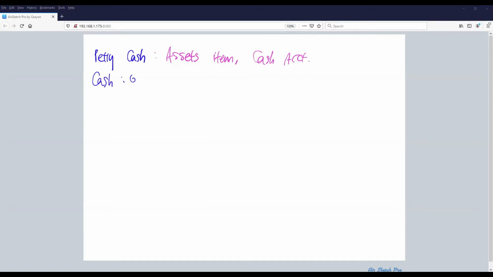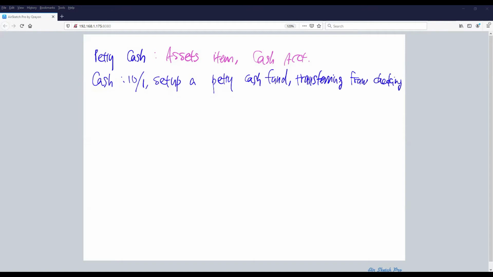Like October 1st, you set up a petty cash fund, transferring from the checking account cash of $100.